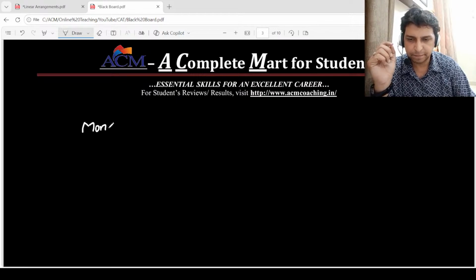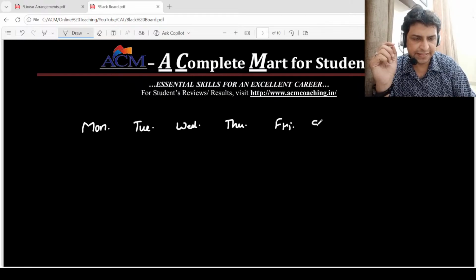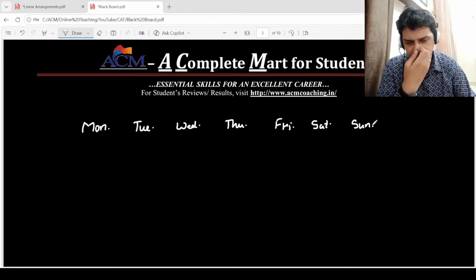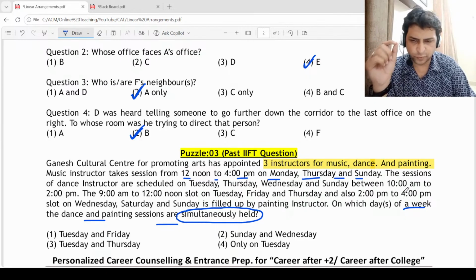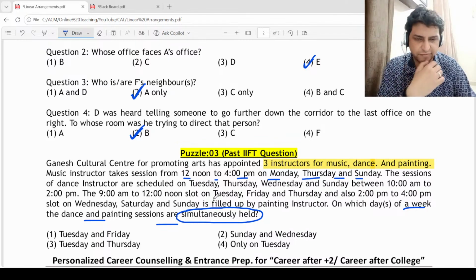So let's take all the 7 days: Monday, Tuesday, Wednesday, Thursday, Friday, Saturday, and Sunday. And the timings we have are 12 to 2, 9 to 12, 2 to 4, 10 to 2. So it starts from 9 and goes till 4.